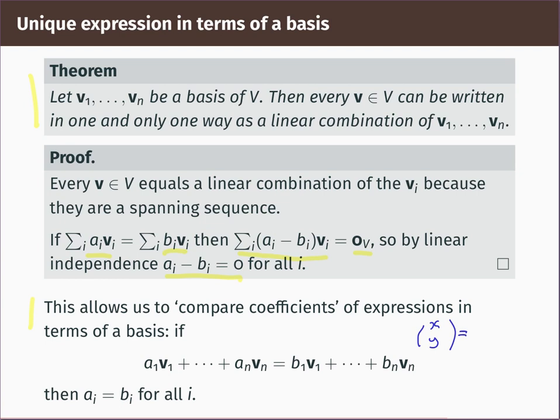And what x and y are in terms of bases is that they are the coefficients of this element of the vector space R squared in terms of the standard basis. And whenever you have a basis for a vector space, you can write every element in this vector space uniquely as a linear combination of those basis elements. So the coefficients, when you do that, are like the coordinates with respect to that basis.